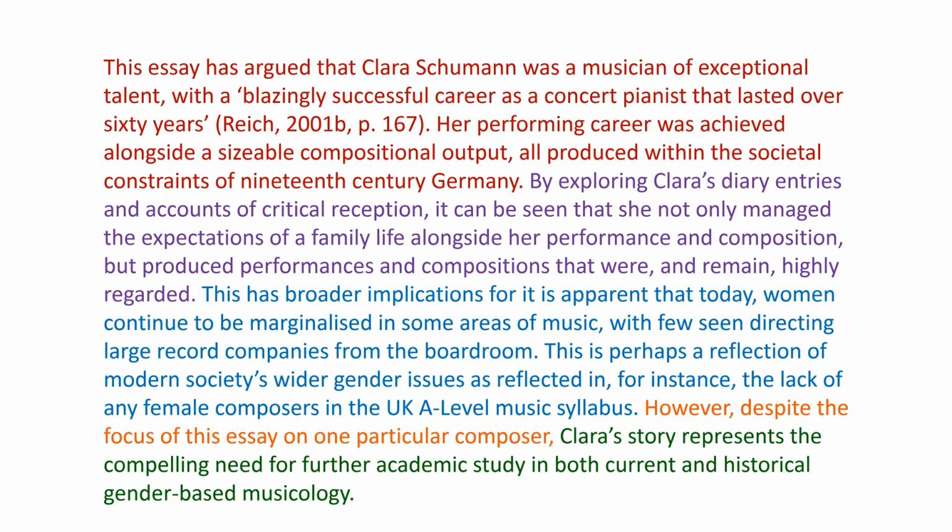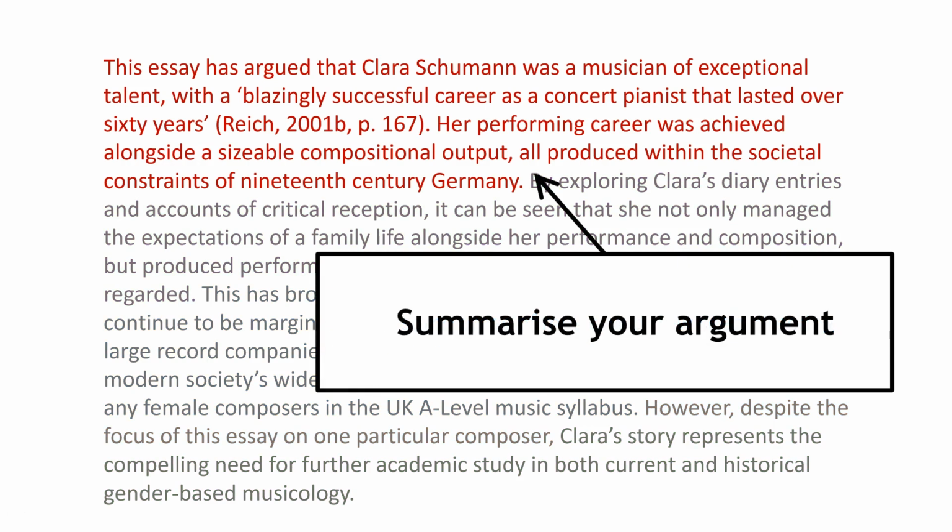Here are the different sections. The first section, shown here in red, is a summary of the main argument in the assignment. So, whilst you will have outlined your main argument in the introduction, you should restate this in your conclusion.